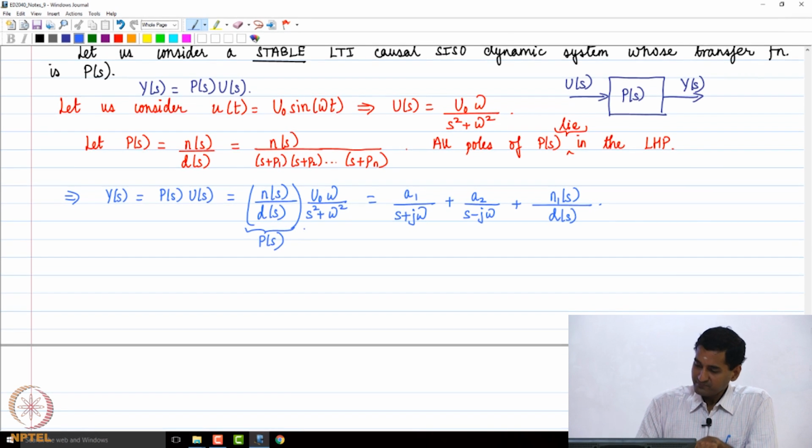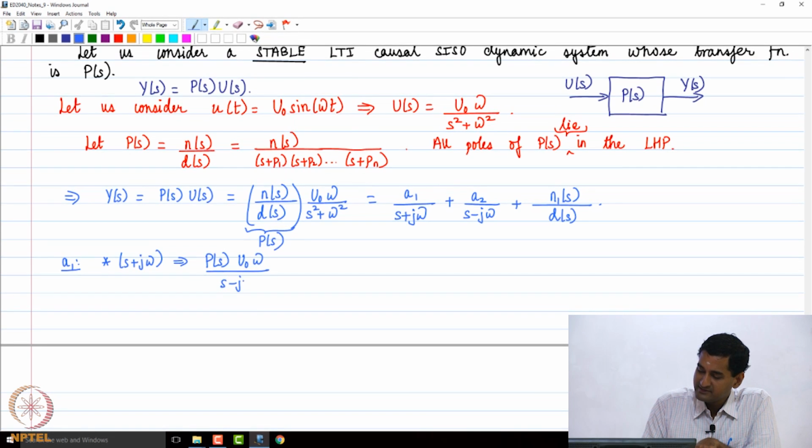If I want to find A1, what should I do now? We multiply both sides by s plus j omega, right. If I do this, what will I get? On the left hand side, I will get P of s u naught omega divided by s minus j omega.